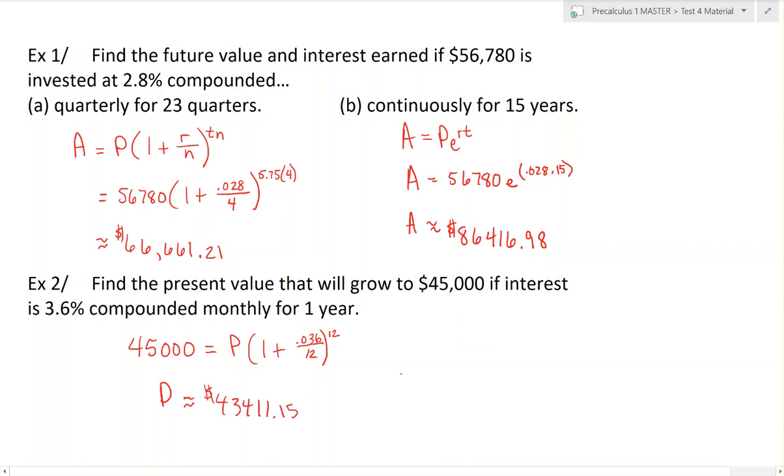And if I would put that in now in an account that earns 3.6% interest and compounding monthly, then at the end of that year, it will have grown to the 45,000 value for A.